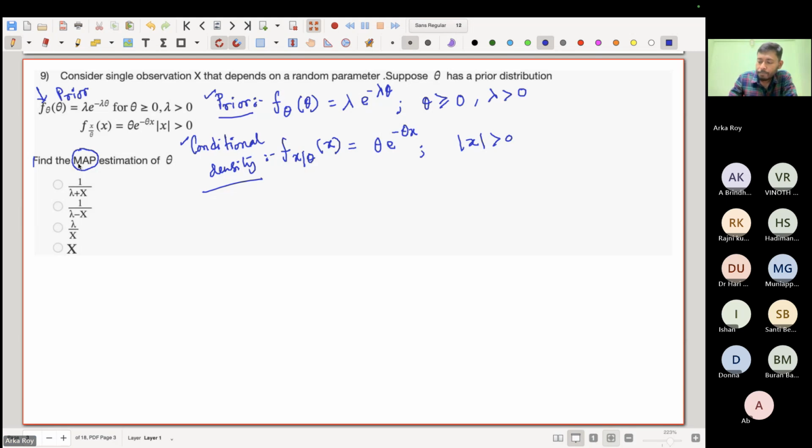Anyone? We have the prior, we have the conditional density or the conditional distribution, so to say. So how can we get the a posteriori probability?